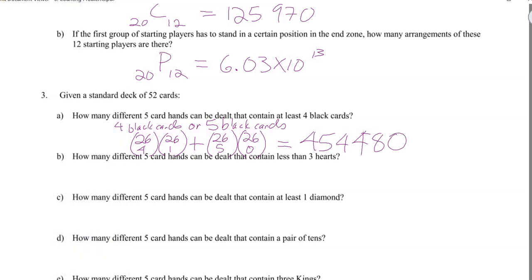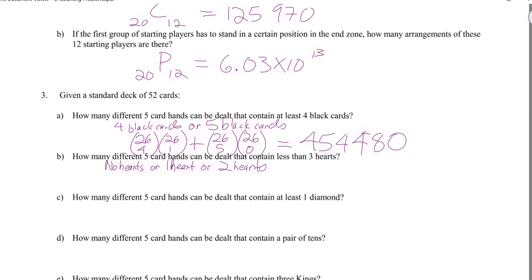How many different 5-card hands can be dealt that contain less than 3 hearts? So how many hearts can you have if you have less than 3 hearts? You could have no hearts, or 1 heart, or 2 hearts.